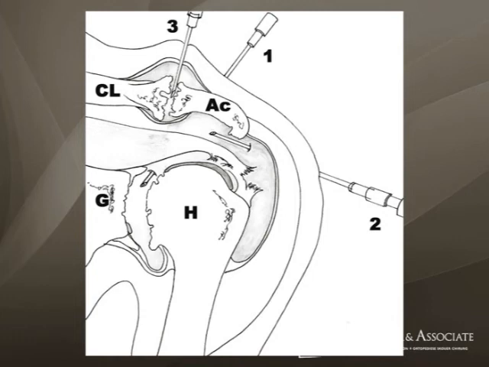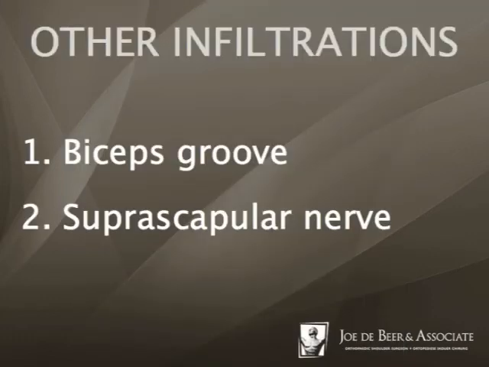Here we see again the 3 levels in the shoulder joint, which can each be particularly injected with therapeutic and diagnostic benefit. Other injections can be given and may be a bit more specialized, like into the biceps groove and the suprascapular nerve.